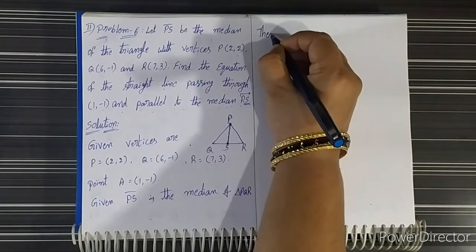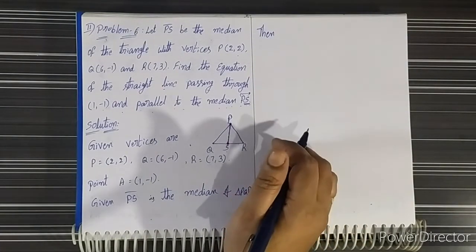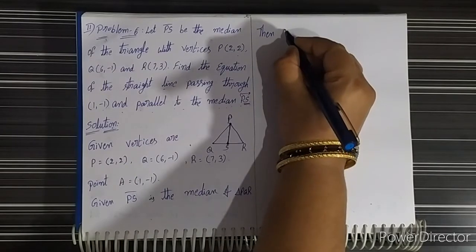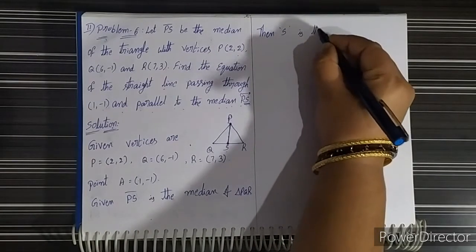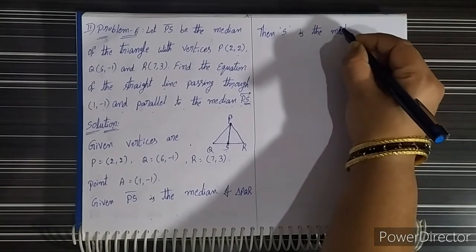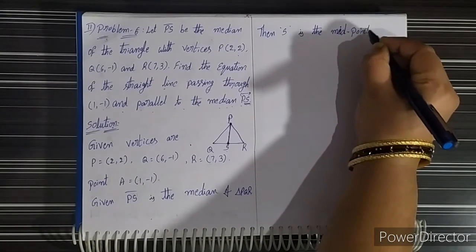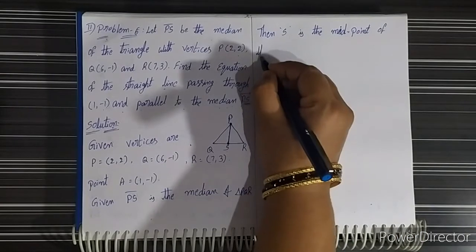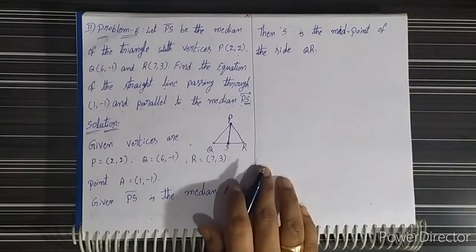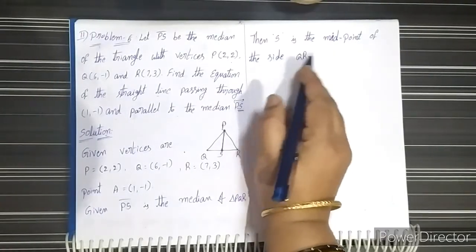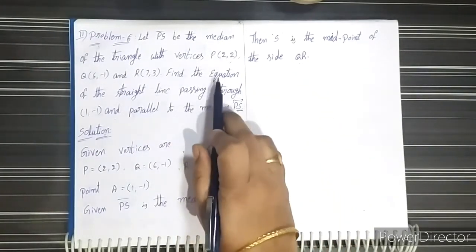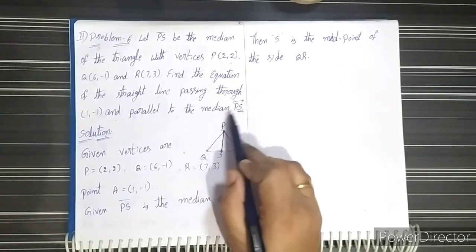S is the midpoint of the side QR, and also the required line is parallel to the median PS.